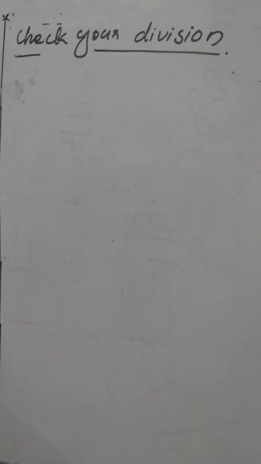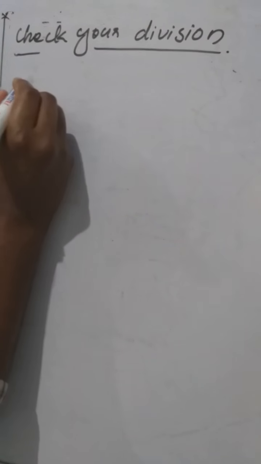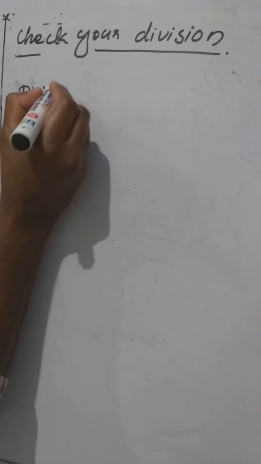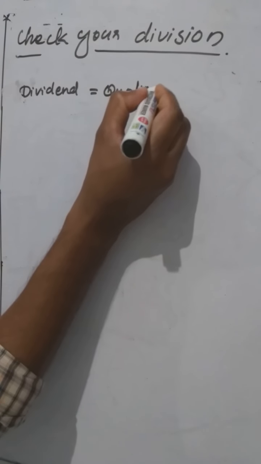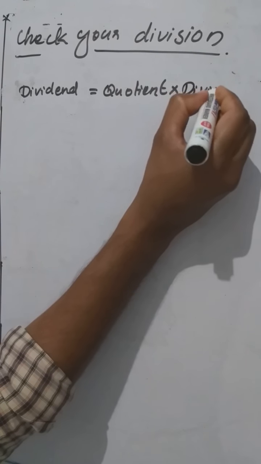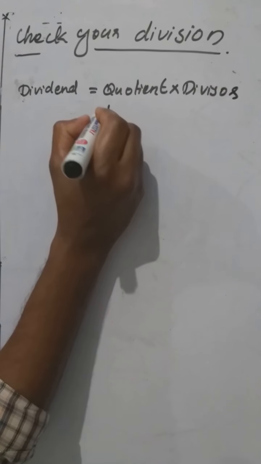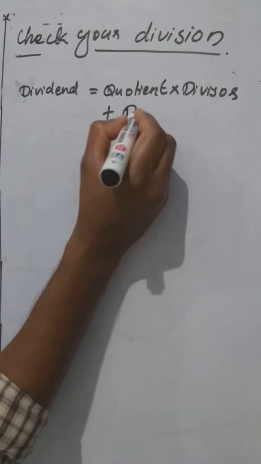Now let's study how to check whether your division is correct or not. There is a formula for checking our division process. That is, dividend is equal to quotient multiplied by divisor plus remainder.